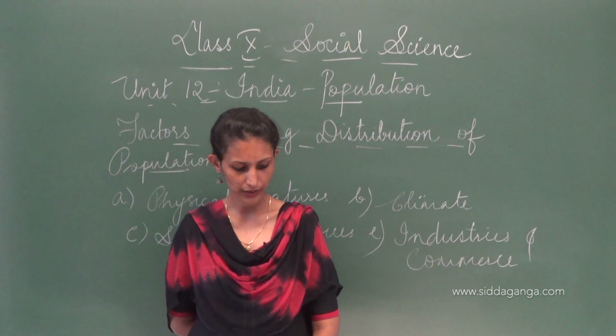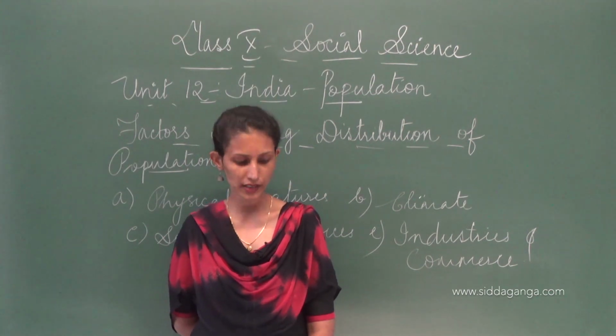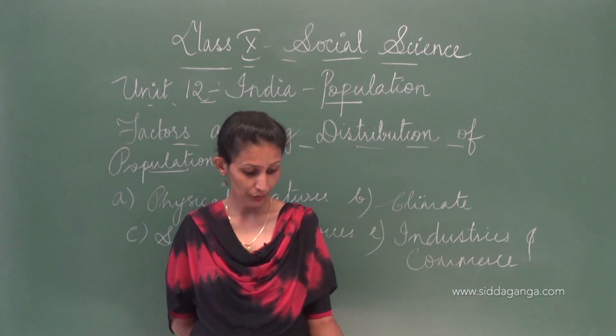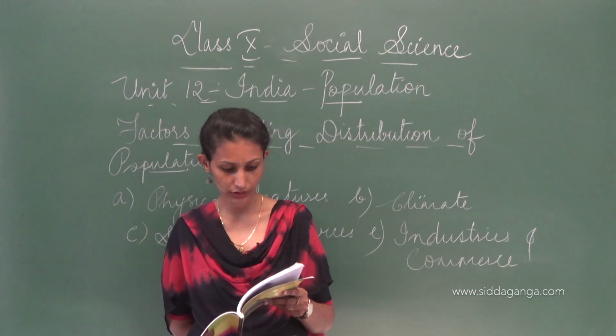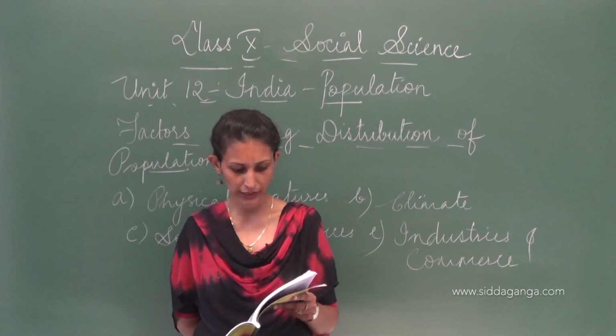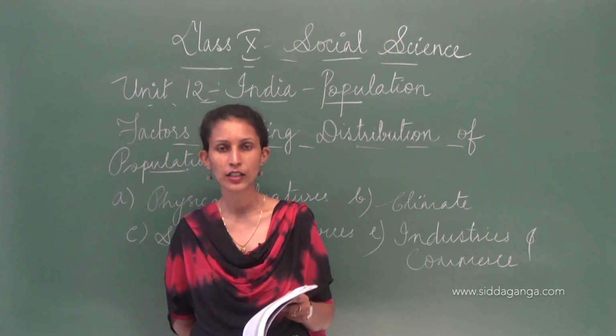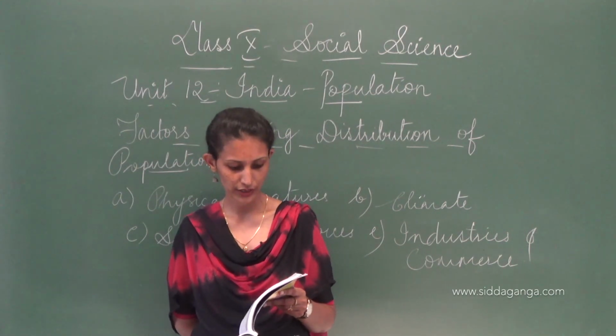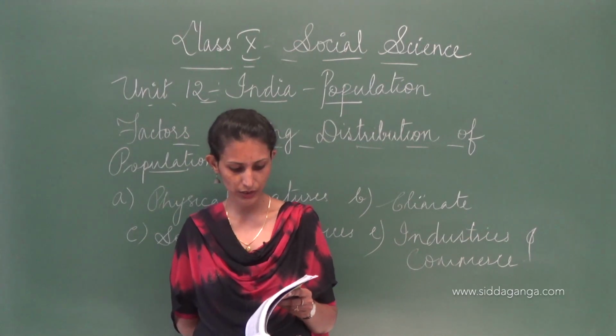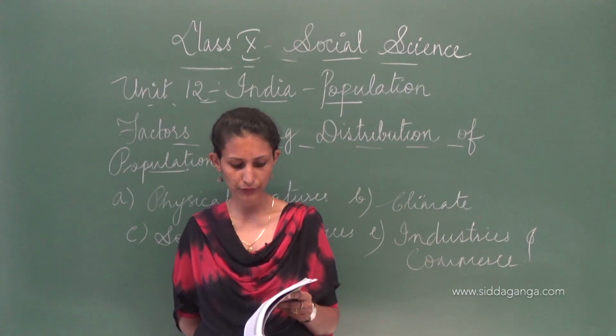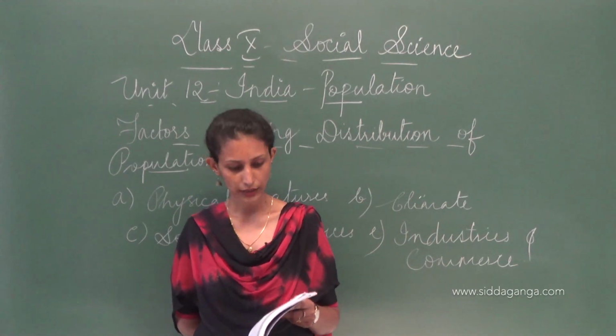Now you can see the graph on page number 120, showing how the population has grown in millions according to the census year from 1901 to 2011. So you can see 1901, 1911, 1921, 1931, 41, 51 up to 2011.